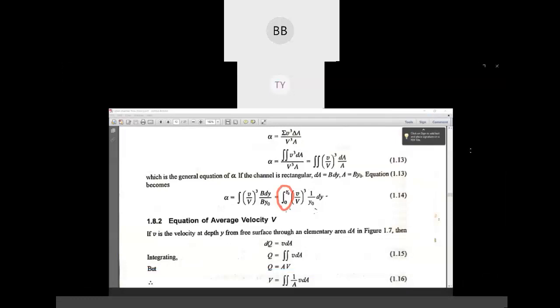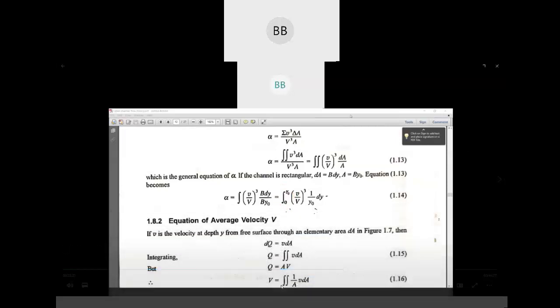Do you have any questions regarding this alpha? We have considered a rectangular section. We can apply this equation to a circular section also, it's up to you. Whatever area you have considered, the equation will change.